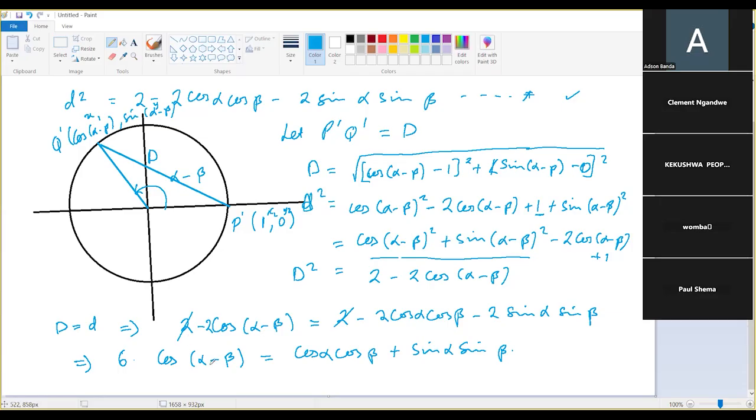So that's what we have. So given any two angles, alpha and beta, then we can get the cosine of their difference, which is alpha minus beta, and it is given in this particular way.